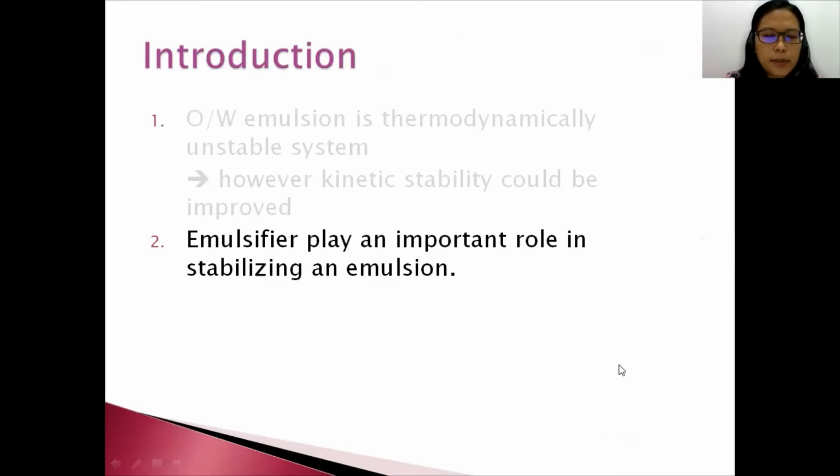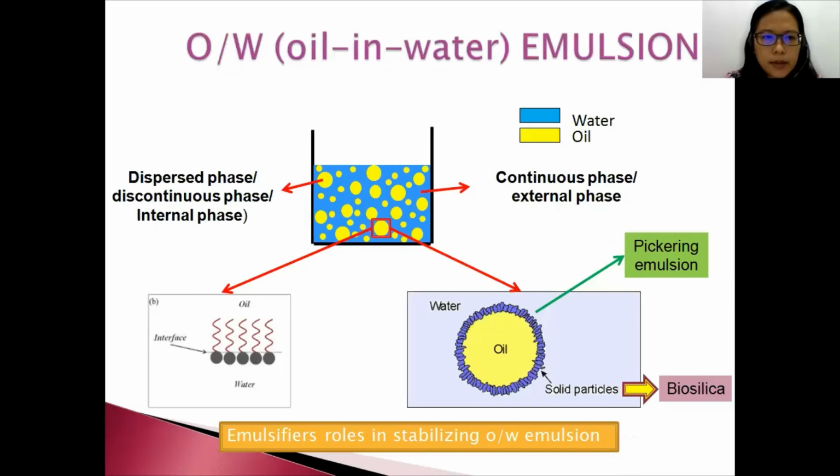And next, the emulsifier plays an important role in stabilizing an emulsion. So how can an emulsifier stabilize an emulsion? You can see here is the model for the emulsifier. The emulsifier consists of two parts: the hydrophilic head part and the hydrophobic tail part.